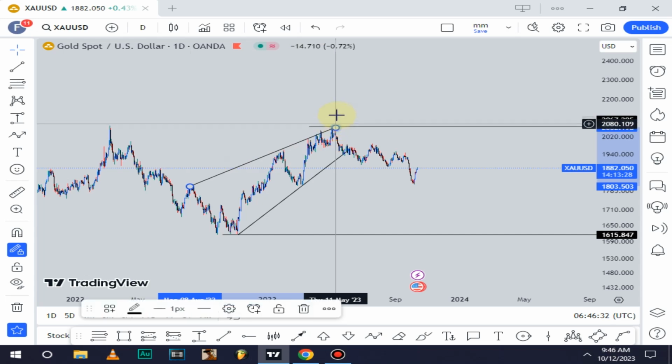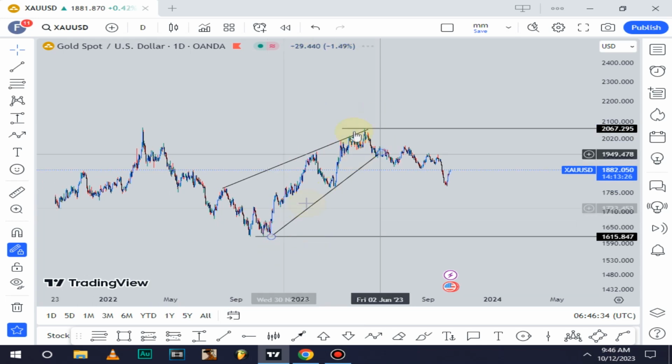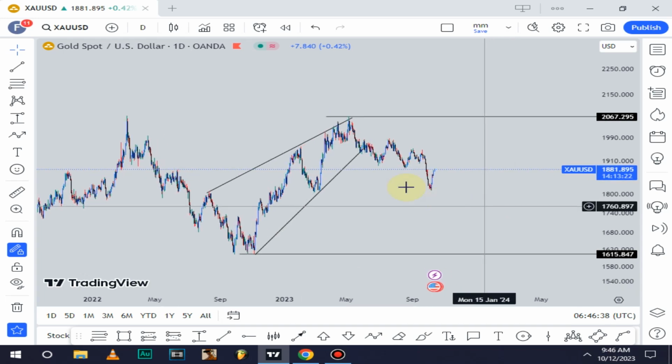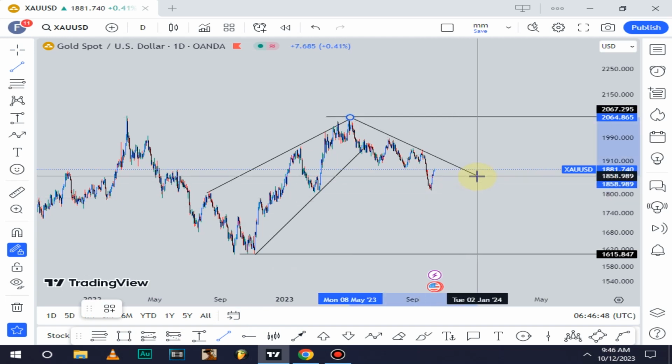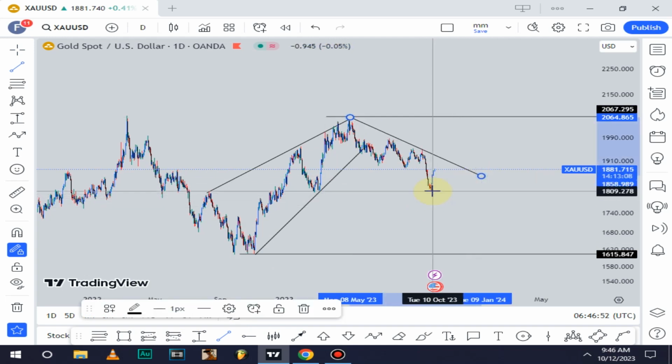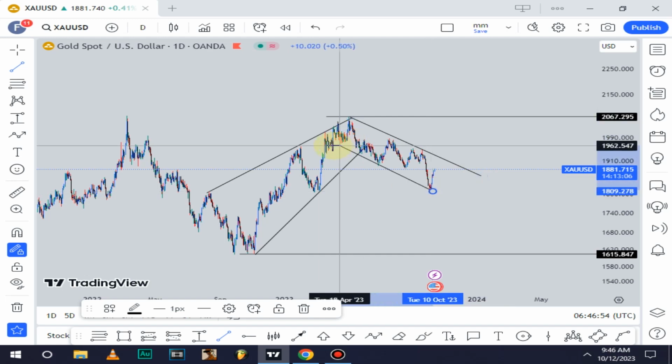We can see that the daily gold broke out of that uptrend, and then started giving us somewhat of a downtrend nature. So let's continue over here. We can start drawing our trend lines just like that. Then over here we draw another trend line just like that.